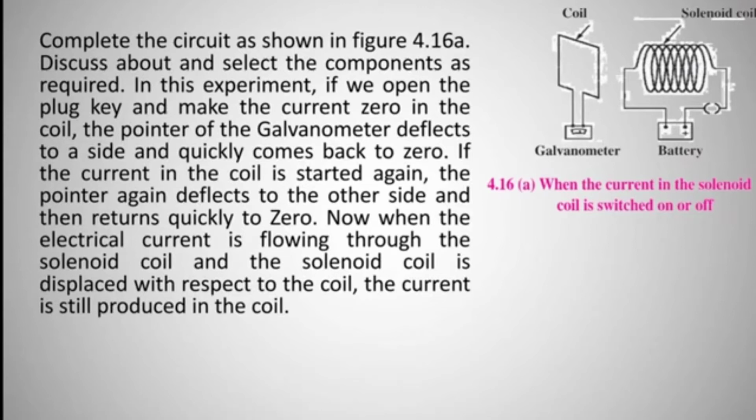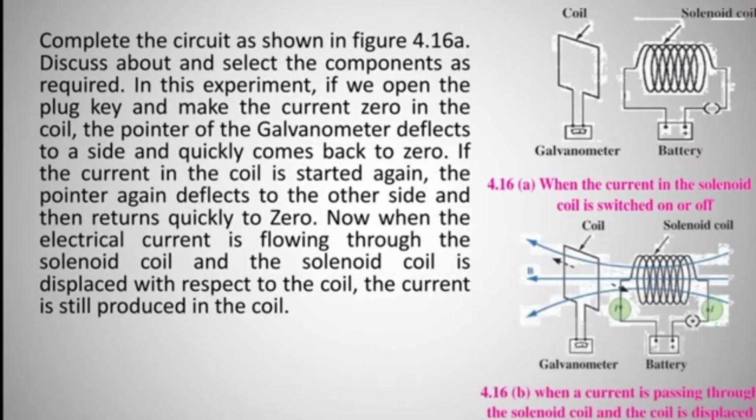Now, when the electrical current is flowing through the solenoid coil and the solenoid coil is displaced with respect to the coil, the current is still produced in the coil. That is, when current flows through the solenoid coil, a change in current in the coil produces the current indicated by the deflection in the galvanometer.